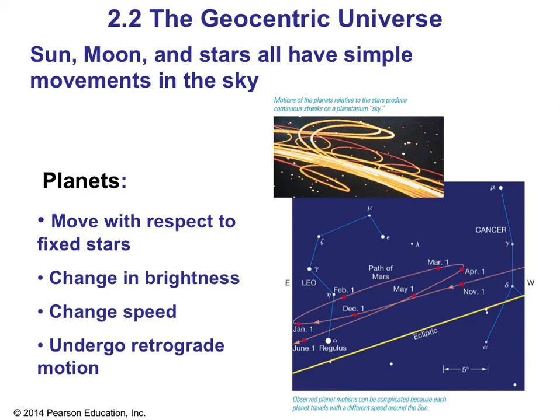One of the issues that they ran into was the retrograde motion of planets, and this is what we are seeing here in the image. The top image is a long exposure image showing you the movement of planets, and the bottom image gives you the background of the night sky with Cancer and Leo constellations being present, and then we see the movement of Mars as it moves.